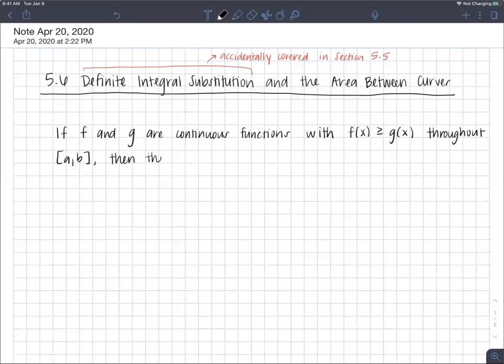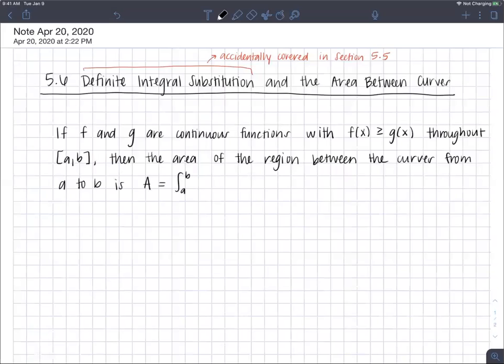So then the area of the region between the curves from a to b is going to be equal to, and so we're going to denote it with the capital A for area, the integral from a to b of f of x minus g of x.